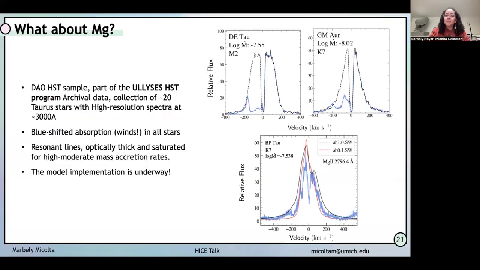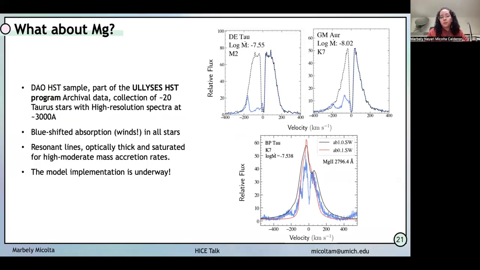I started with magnesium. As always, you start with a project and think, this is a cool idea, and then everything turns out more complicated than you think. We started with the DAO HSD sample, which is part of the ULLYSES HST archival data.